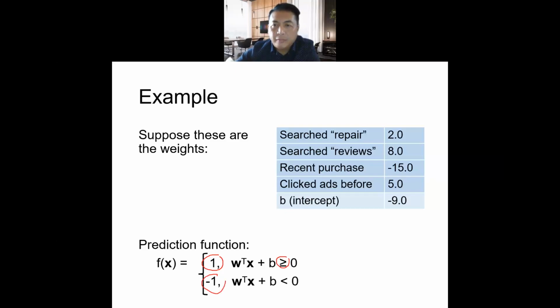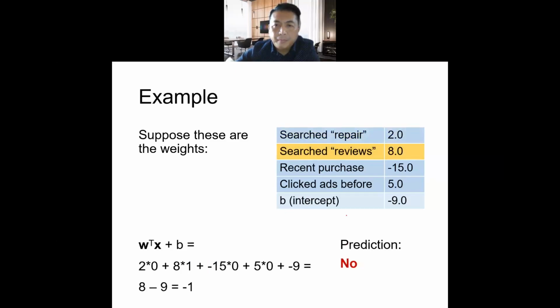Let's suppose we have only this one on, so the rest is 0. So this is 0 1 0 0. We only have this one as 1 and -9, which is the bias. So we will get -1, so our prediction will be no.